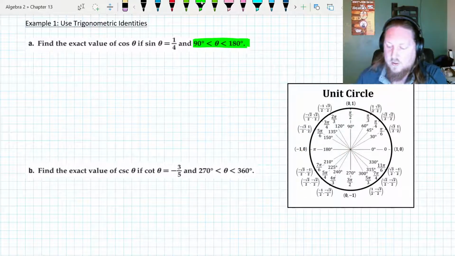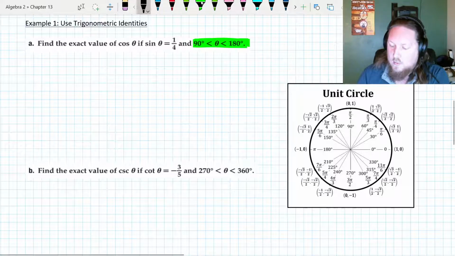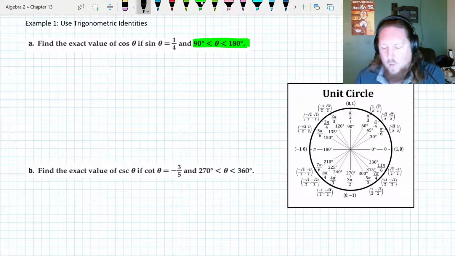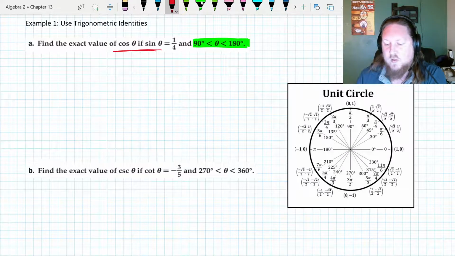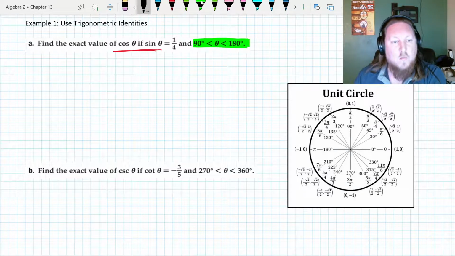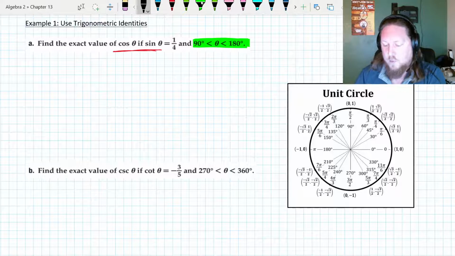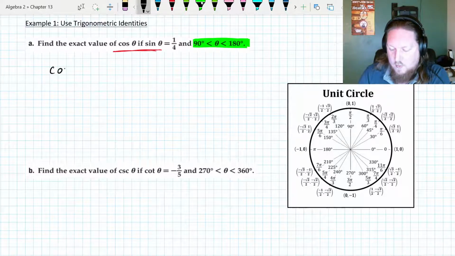But if we want to use trigonometric identities, what we're looking for is a trigonometric identity that uses cosine and sine at the same time. And lots of times, you're going to default to the Pythagorean identity.